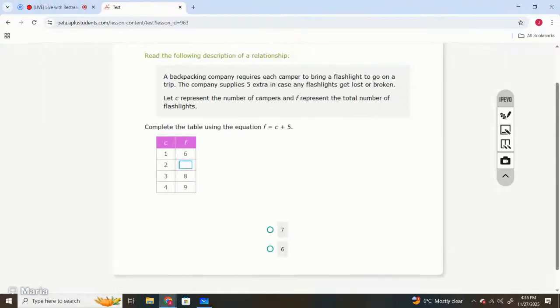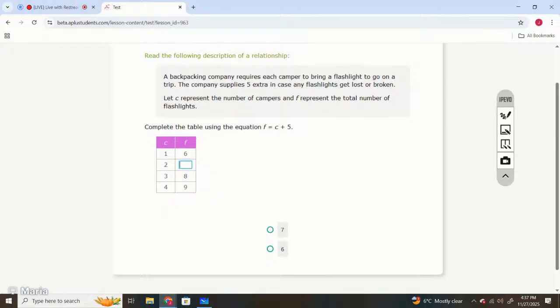Option number 1 is the correct option. Complete the table using the equation F equals C plus 5.